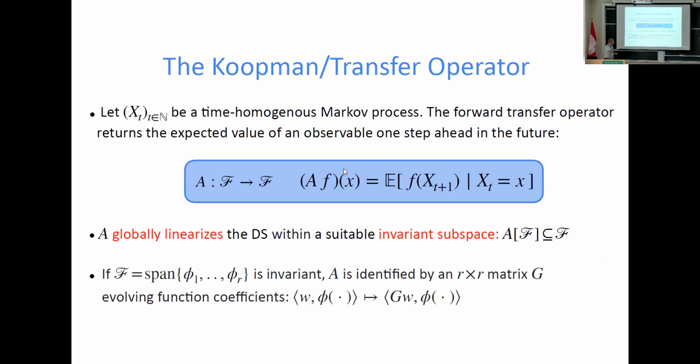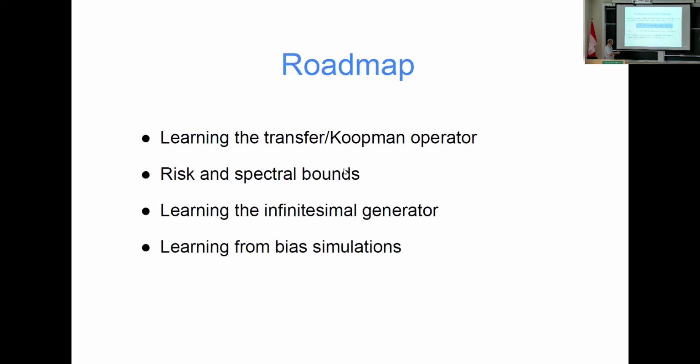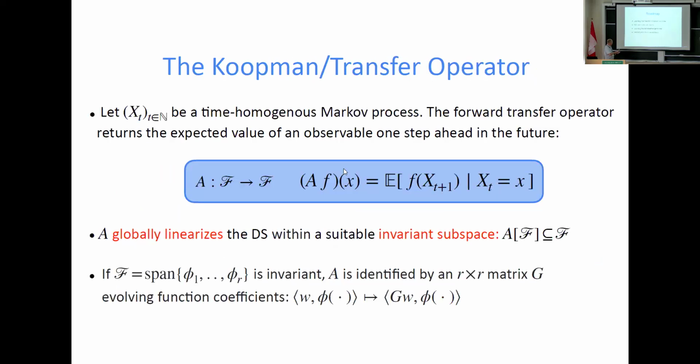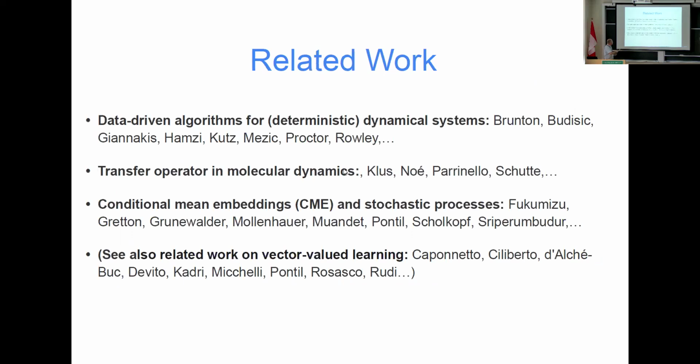Okay, so how do we do that? First, there's some related work. Of course, there has been a lot of work on data-driven algorithms for learning dynamical systems, which have inspired us.